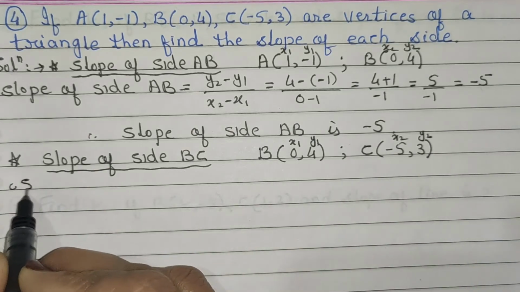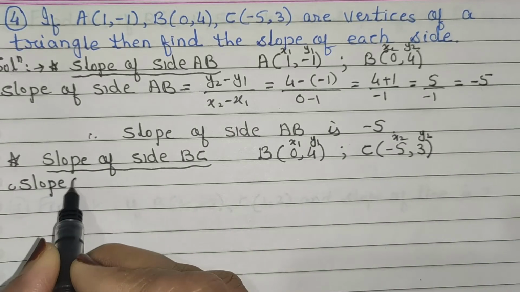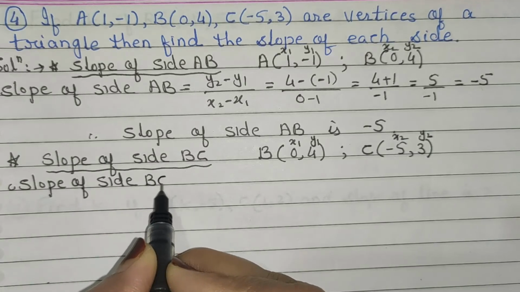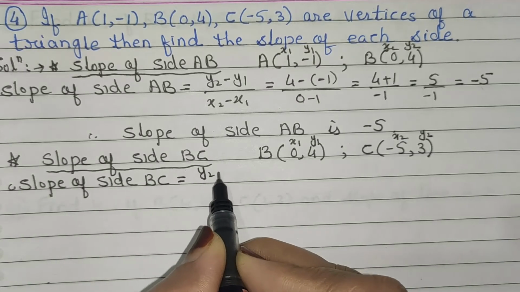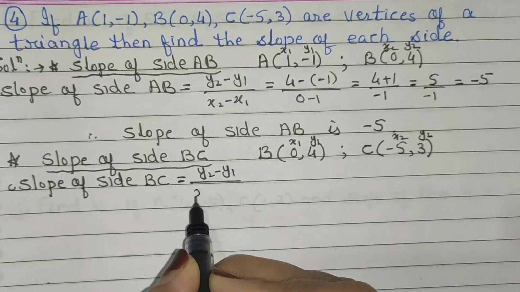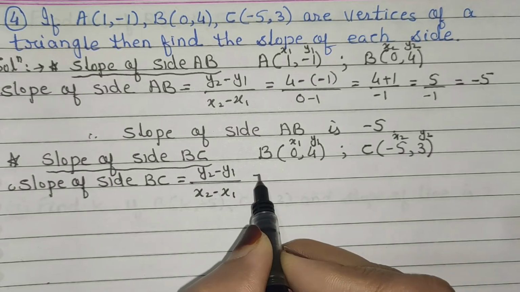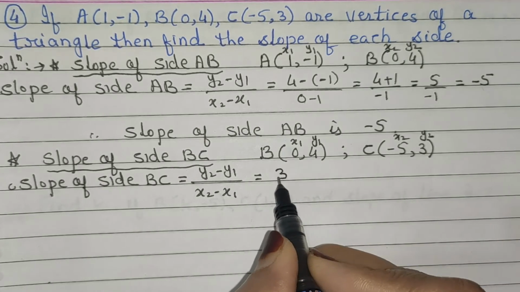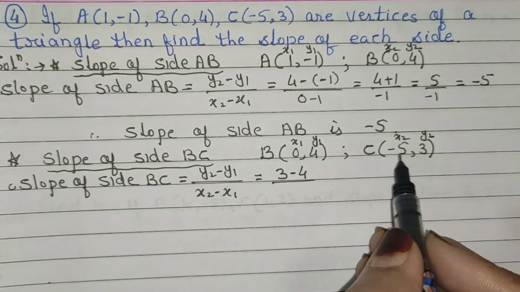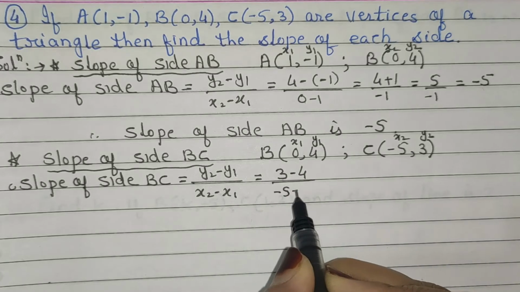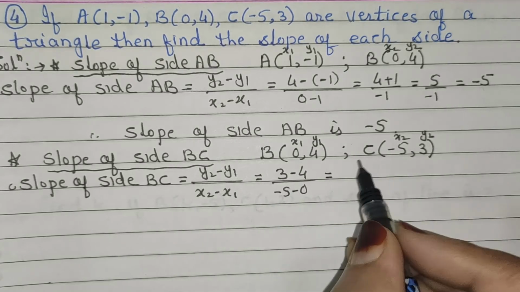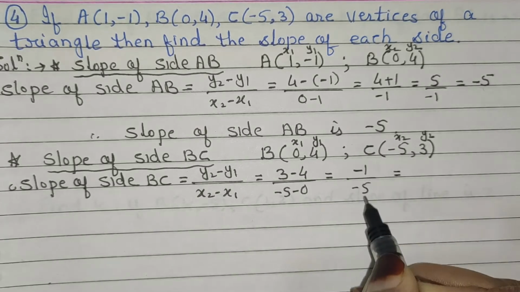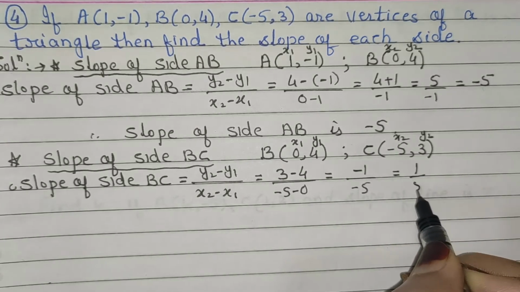Therefore, slope of side BC is equal to, write down the formula, y2 minus y1 upon x2 minus x1 is equal to, substituting the values we get here 3 minus 4 upon minus 5 minus 0. Solving, 3 minus 4 is minus 1 upon minus 5. Now negative negative cancel, we get 1 upon 5.